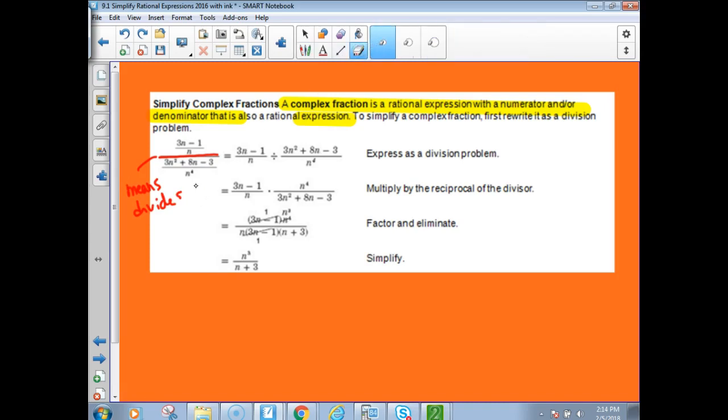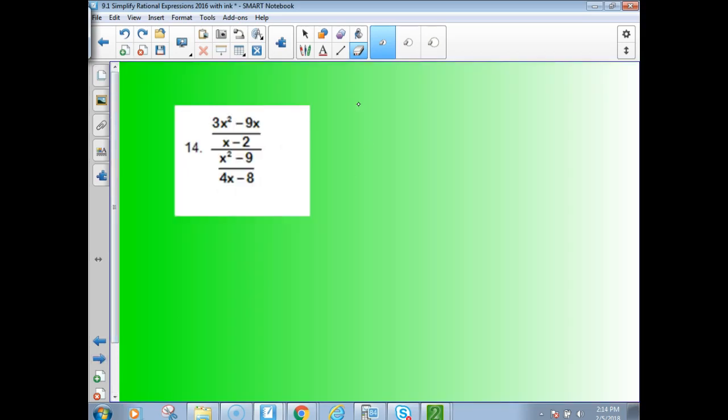So you can rewrite it as a division problem if you want, but I usually go right from this step to this step, where I rewrite the numerator, flip over the denominator, change divide to multiply. Then factor and reduce. Let's do it. Okay, remember this means divide.